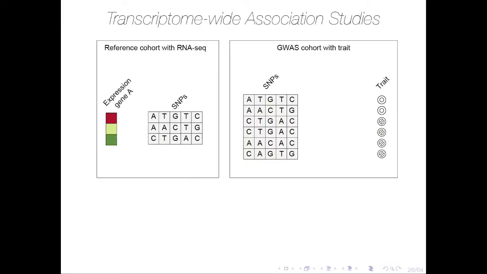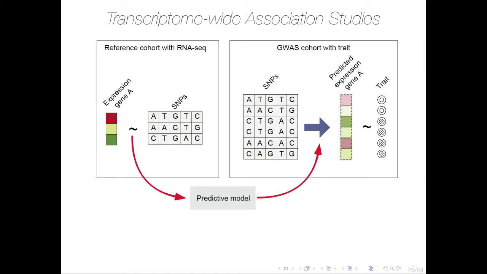But then you also have these great reference cohorts, such as the GTEx data set that I already talked about, where you have gene expression measured using RNA-seq, and you also have genotyping for these individuals, for hundreds of individuals. Then you can learn a predictive model of gene expression from genotype, and then use that predictive model to impute gene expression values in your larger GWAS cohort. Sorry, I should have said GWAS stands for Genome-Wide Association Study.